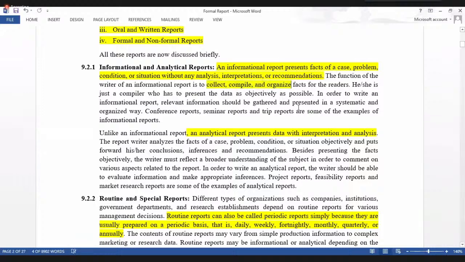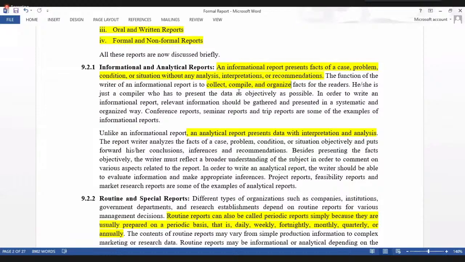What is the writer's job here? What is the writer's task here? To collect the data, to collect facts, to compile the facts, and organize, put the facts in proper order. Collection of facts, then compilation of facts, and then putting facts in proper order.